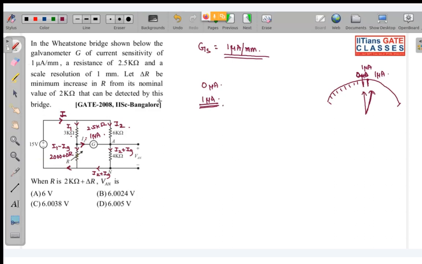It will be minus 15 plus 3 kilo ohm into I1, plus, or we could have even used this one, but let us use this only, 2 kilo ohm plus del R. See, this del R is also in kilo ohm at this particular point, into I1 minus Ig. I1 minus Ig is 1 microampere. So this is very difficult to solve. Wait, let me see if I can do something else.